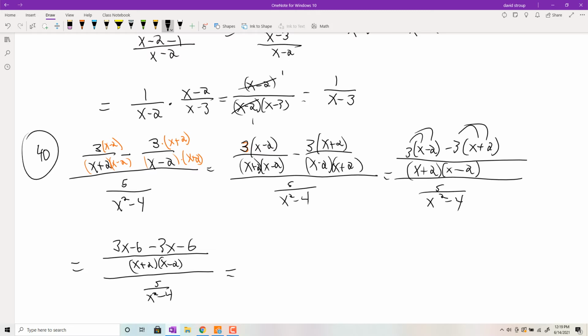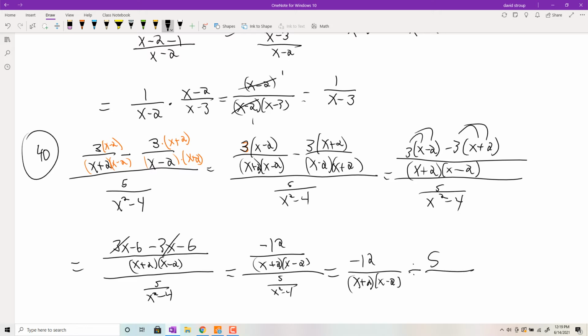Whew. All right, then the numerator, 3x minus 3x is 0, so you get a minus 12, over (x plus 2) times (x minus 2), all over 5 all over x squared minus 4. Then we'll rewrite it with the division symbol, so minus 12 all over (x plus 2) times (x minus 2), or whoops, divided by 5 all over x squared minus 4.